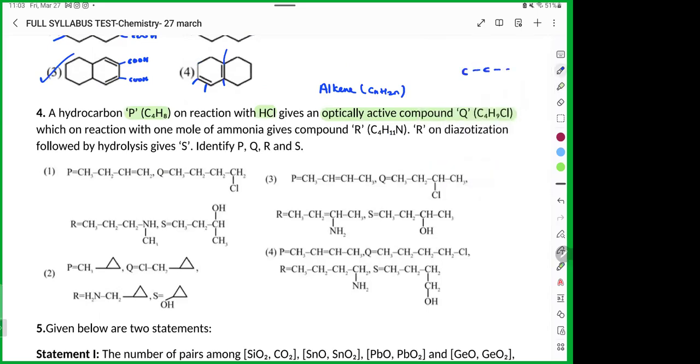So this is one, this is another, this is third, fourth. This is a chiral carbon, correct? So Q can be this. On reacting with 1 mole of ammonia it gives compound R. Cl is replaced by ammonia. Then R with diazotization followed by hydrolysis produces what?